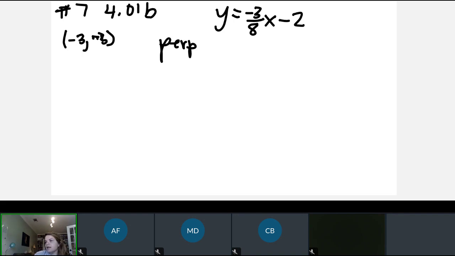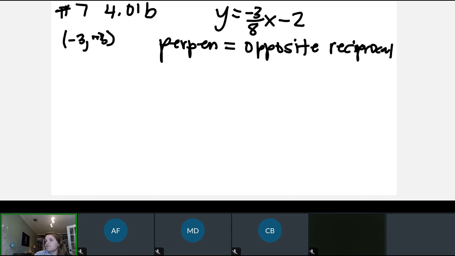All right, so if a line is perpendicular, it's going to have the opposite reciprocal slope. So first, in the line they gave me, the slope is -3/8. So then my perpendicular slope, opposite, so the original was negative, so the opposite is now positive. Reciprocal means I'm going to flip the fraction. So now my slope is positive 8/3.